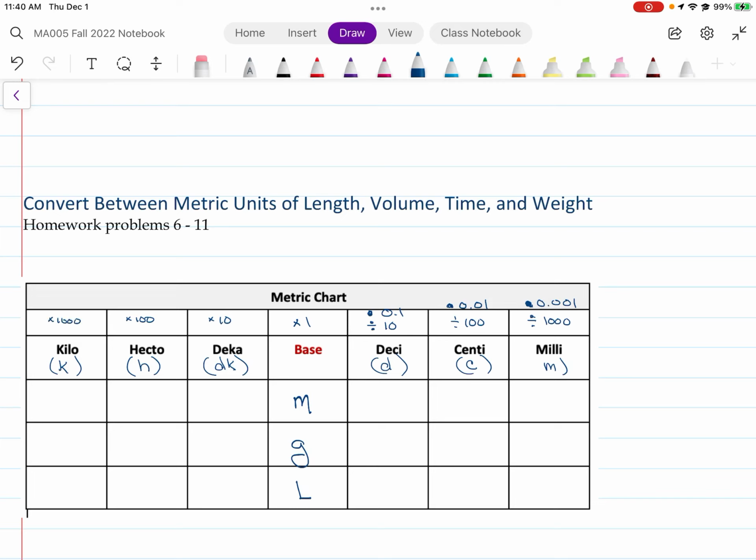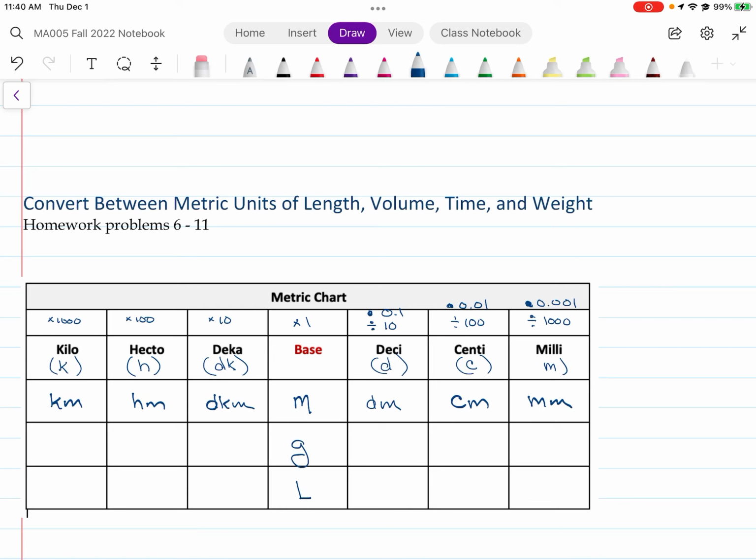So what does that mean? Well, a kilometer is 1,000 times bigger than a meter. A hectometer, HM, is 100 times bigger than a meter. And a decameter is 10 times bigger. So we can fill this all in for all of these different things if we want to.